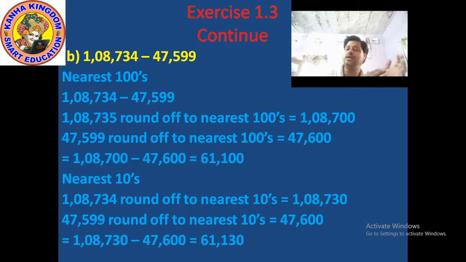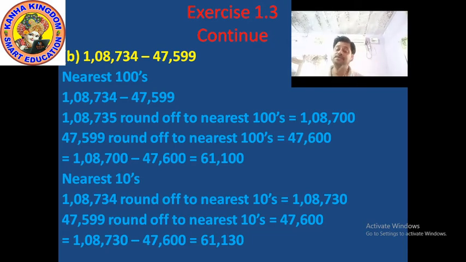So 0 takes help from 1. And when 1 comes with 0, it becomes 10. And 10 is capable of subtracting 4, which means 10 minus 4 becomes 6. So when you subtract 47,600 from 1,08,700, it becomes 61,100. Clear it?